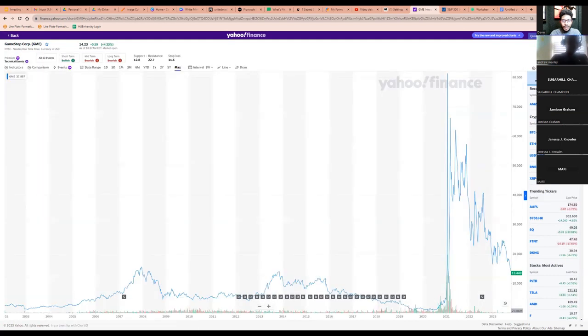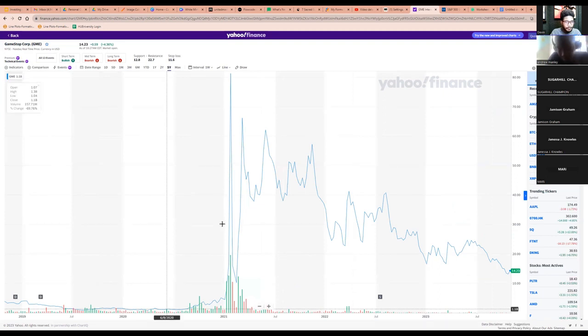I want to show y'all something about stocks. So we're going to look at GameStop. This is the last 5 years of GameStop pie. Now take a look all the way over here at the bottom left of the screen. It's way down here.